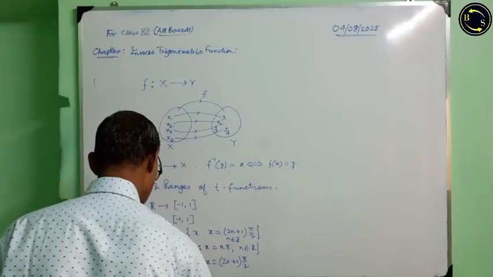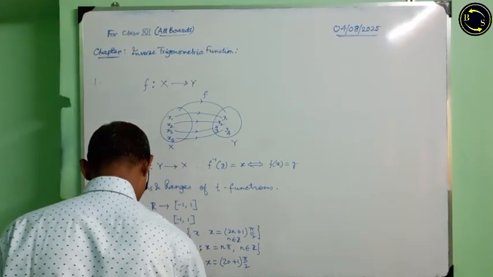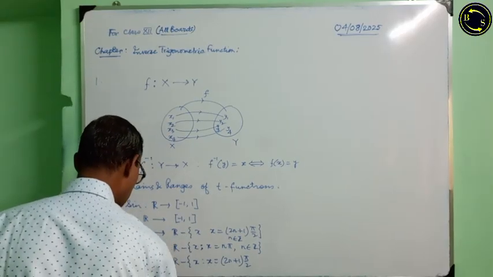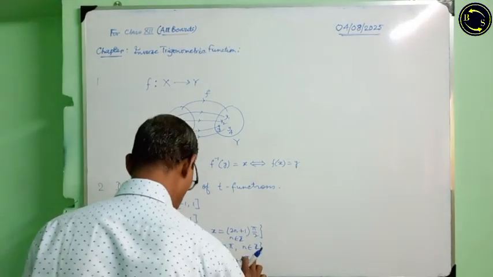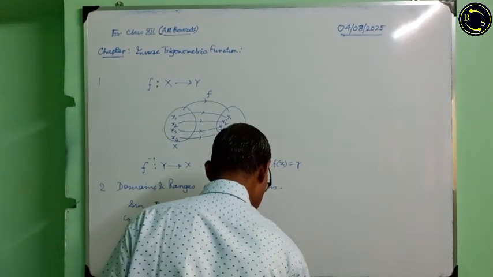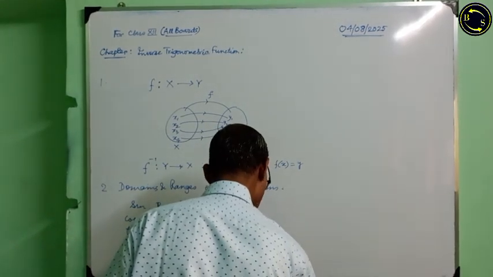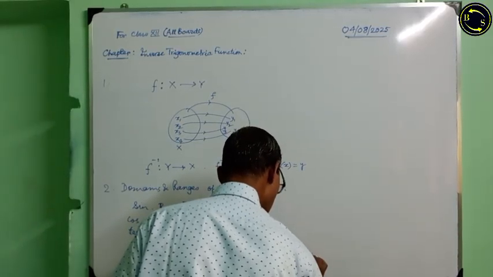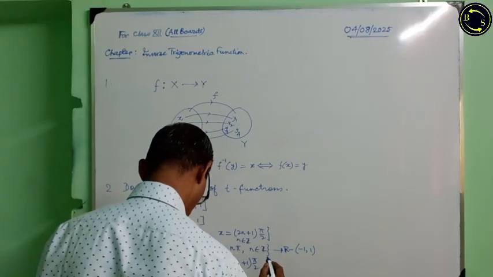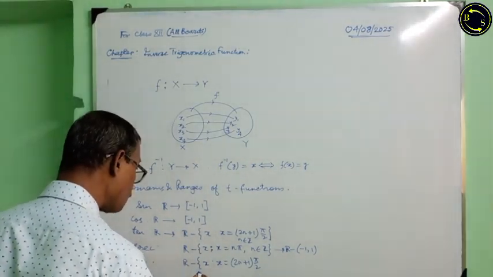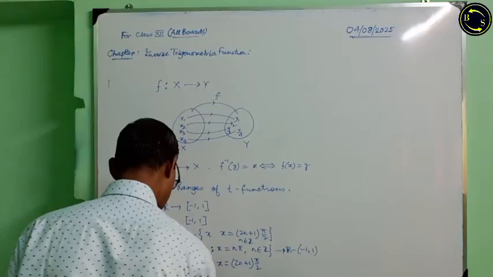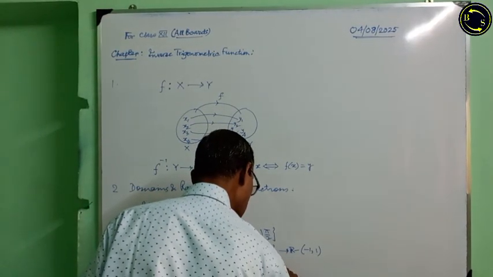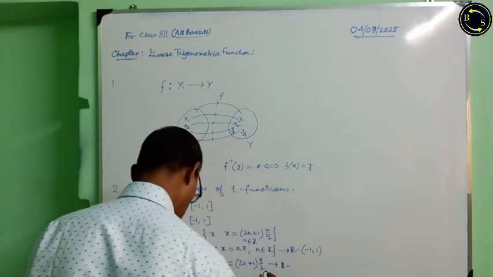Cosec, domain is this one minus this. In case of cosec, domain is this one and range is this. In case of sec, domain is this one and range is set of reals minus the interval.